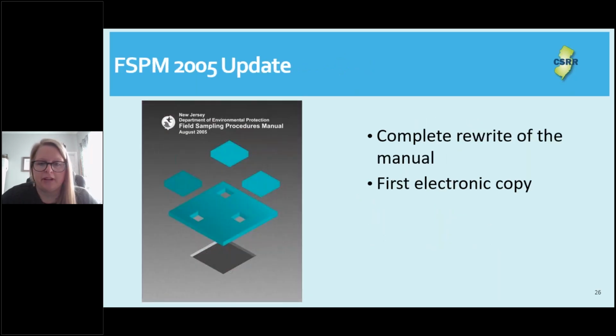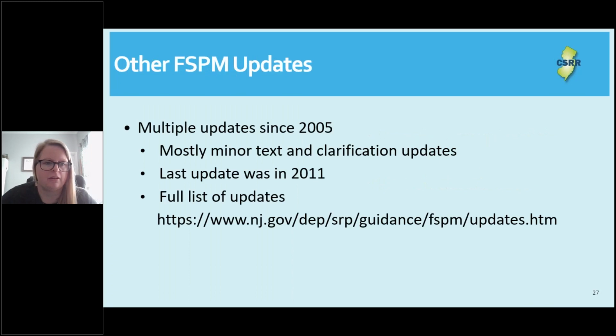There was a complete rewrite of the manual in 2005, and this was our first electronic copy. Since 2005, there were a few minor updates for text and clarification, the last of which was in 2011. Below is a link to the list of all of the updates that have been done.